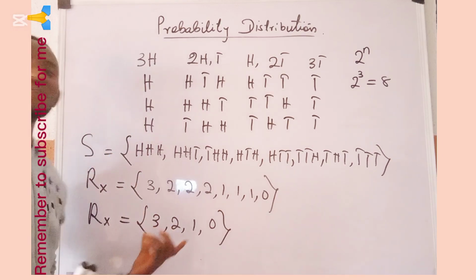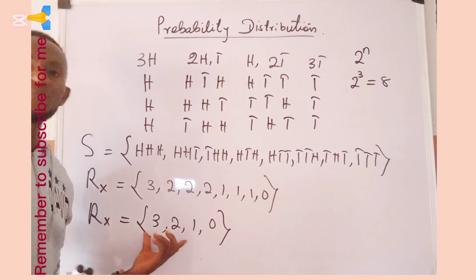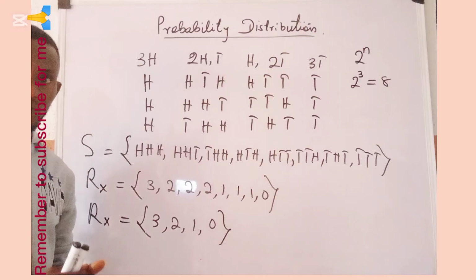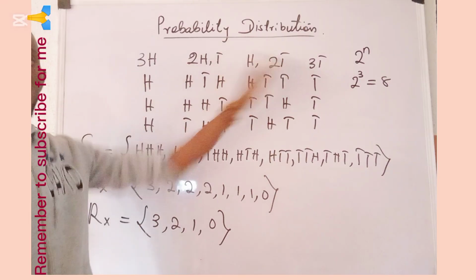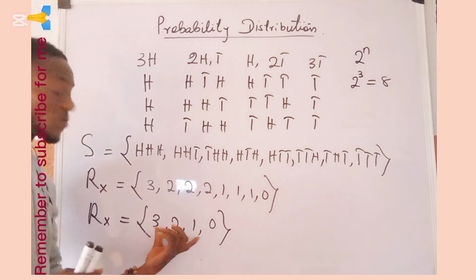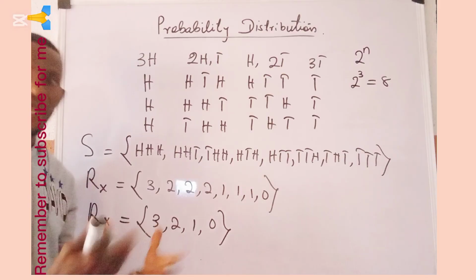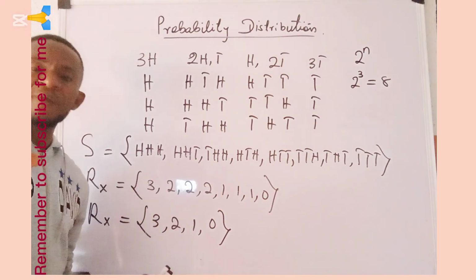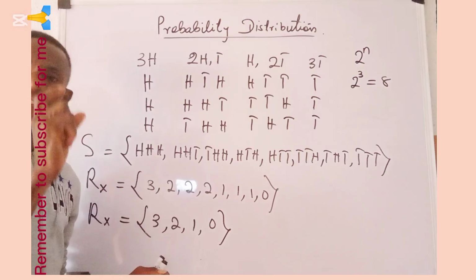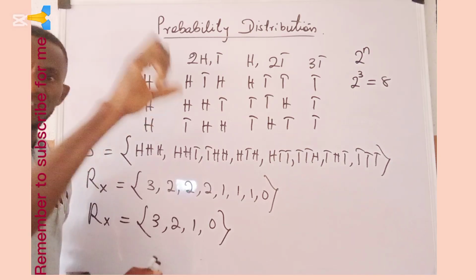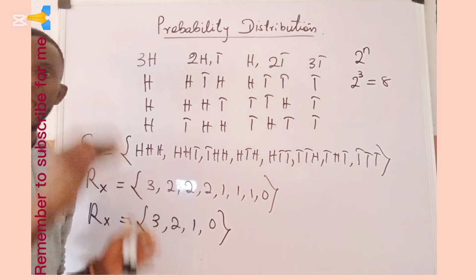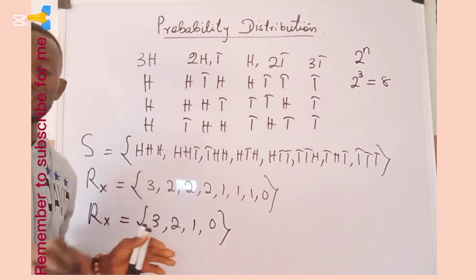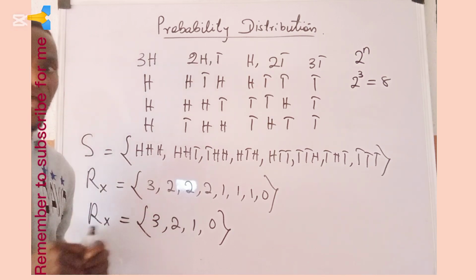So I'm going to use this range space now to prepare the probability distribution of a toss of three fake coins. So permit me to clean up here, while we now use this range space to be able to obtain our probability distribution. When we talk about probability distribution, our interest is in considering the number of times that an outcome occurred in a trial, and then the corresponding probability of the occurrence of that particular item.